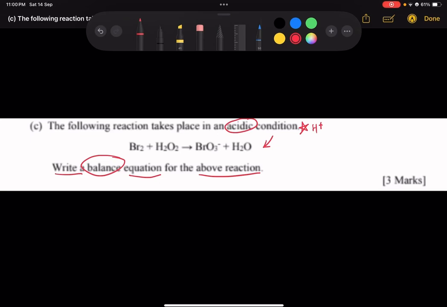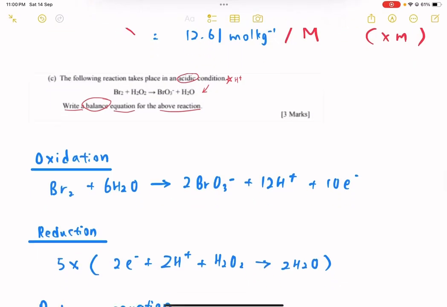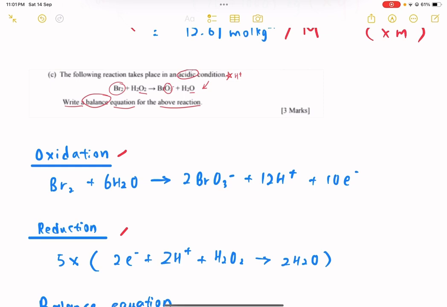So we have to always be reminded that we have to separate it into 2 parts. What is oxidation? What is reduction? The oxidation is the part that gains oxygen. Reduction means the part that loses oxygen. That's simple, right? Just remember that.